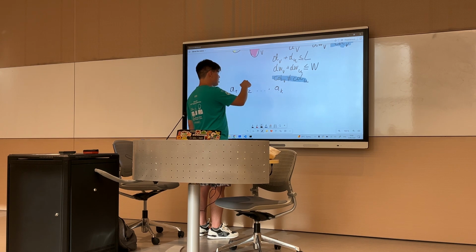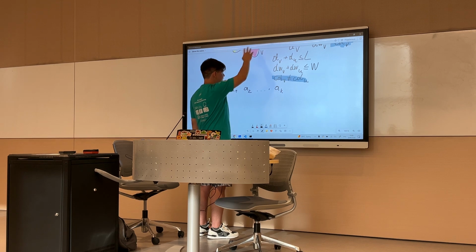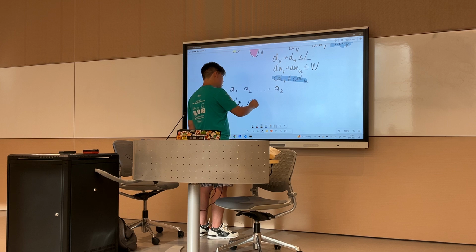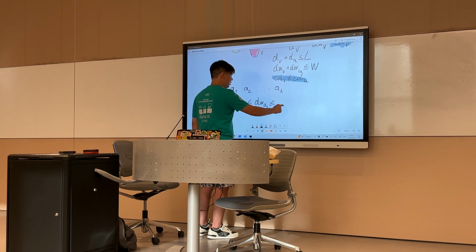That will be the array of indexes of vertices in that tree. Let's sort them by their weight distance. That means dW of A1 will be less or equal than dW of A2, and like this.